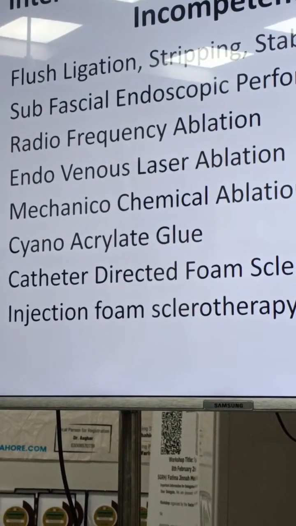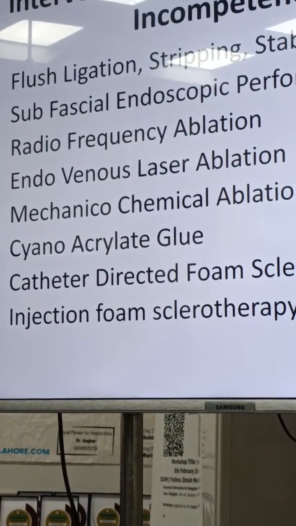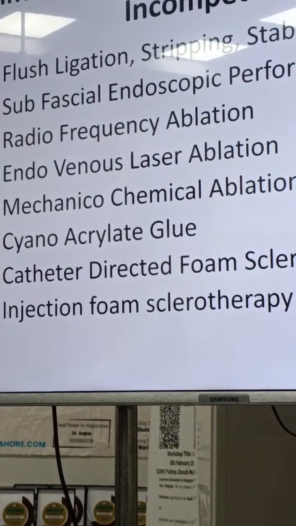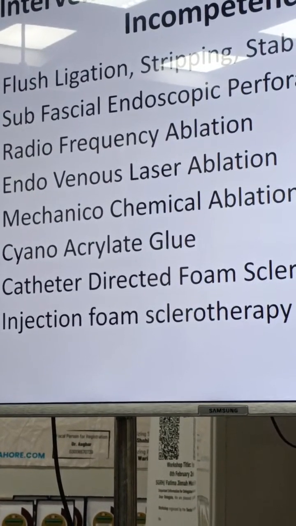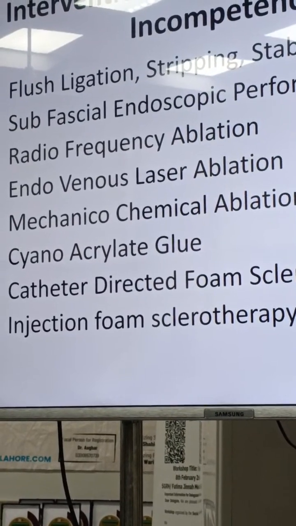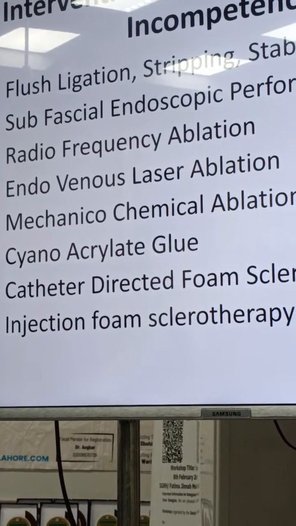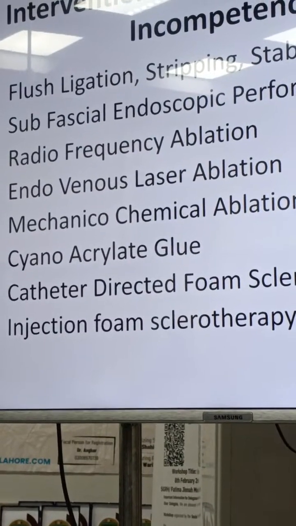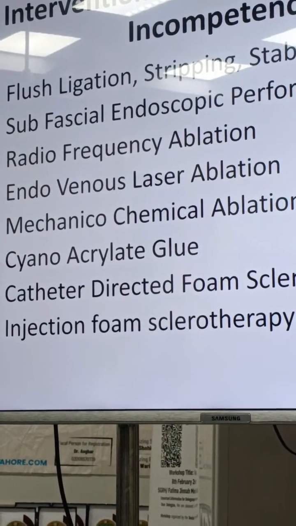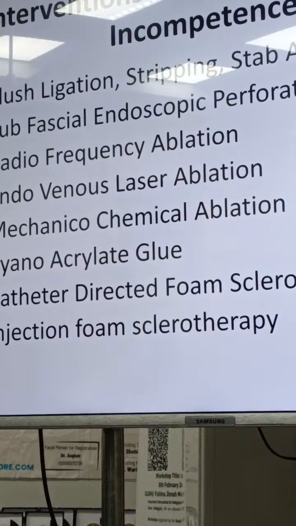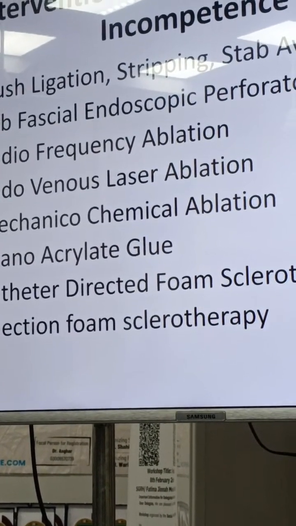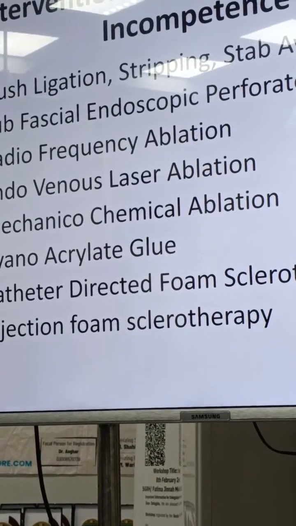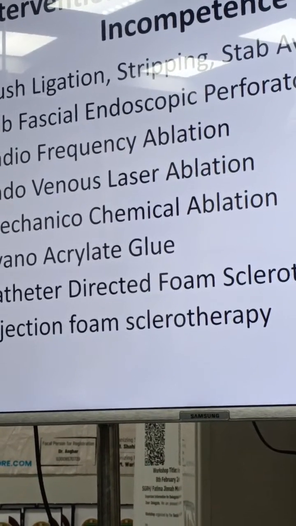Thermal ablation is basically ablating or destroying the vein with heat. In thermal ablation, we have radiofrequency ablation and endovenous laser treatment. In both cases, heat is being used, only the source of heat is different. In radiofrequency ablation, the source of heat is radiofrequency, with a separate generator.